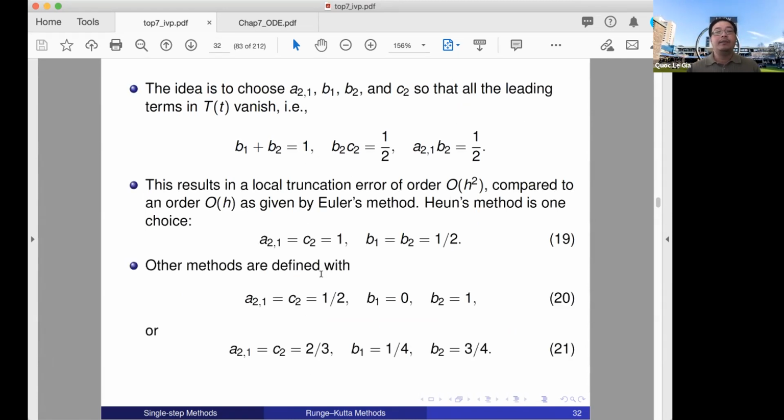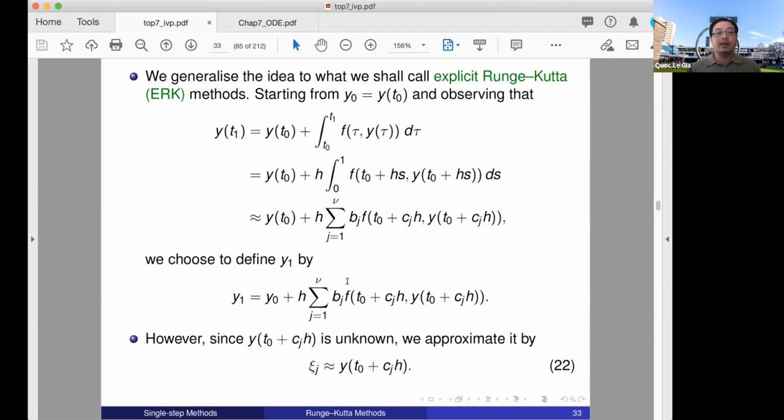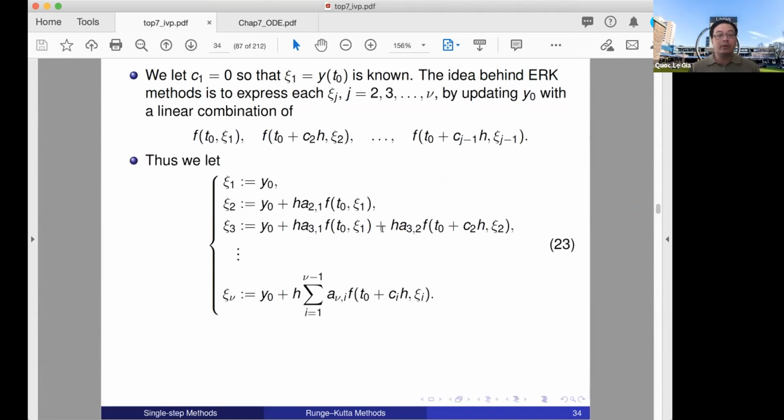So for a Runge-Kutta method of order nu, you have to solve nu equations or more than that, and then you get out those coefficients. Right now we are not going to derive those equations for the Runge-Kutta method of order 4, but you get the idea, and we just study how to apply those equations.